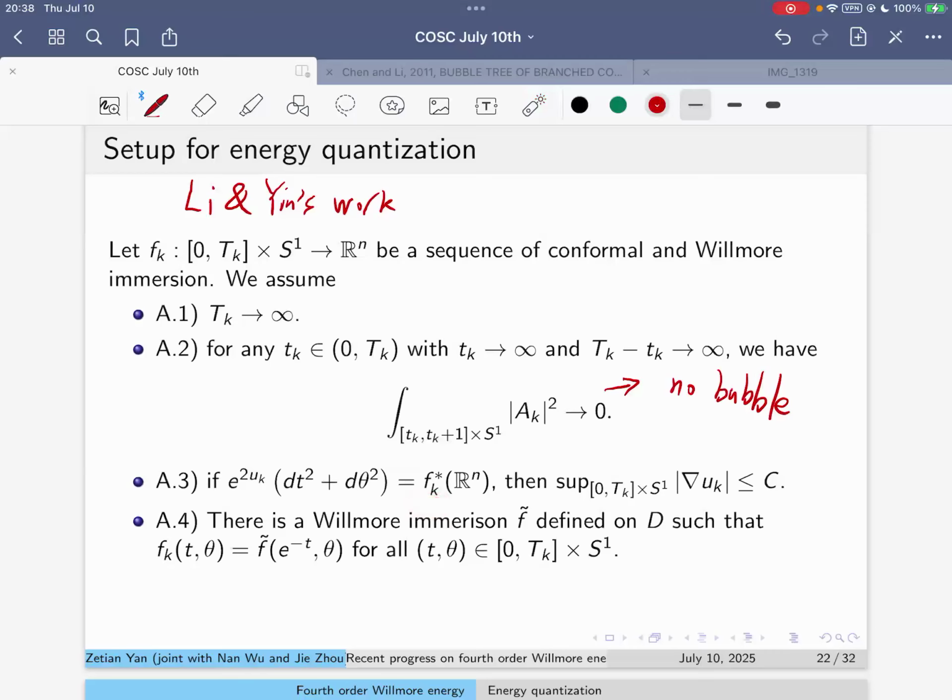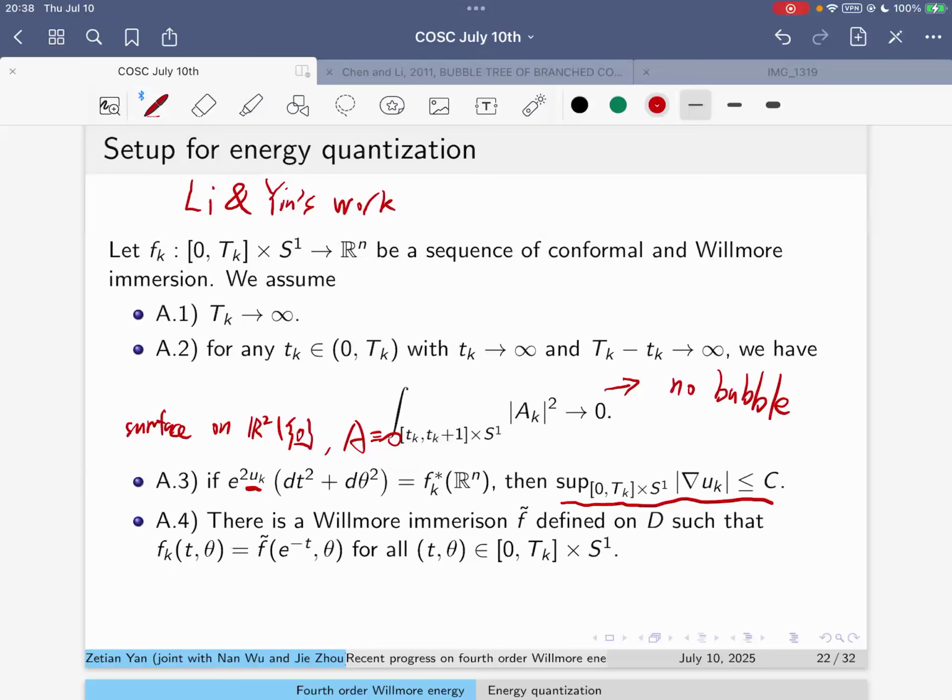However, for this conformal factor, we need an additional assumption. The reason is the following. Because in their proof, we will do the blow-up analysis. So finally, we will find a surface on the punctured R2, and the second fundamental form is 0.